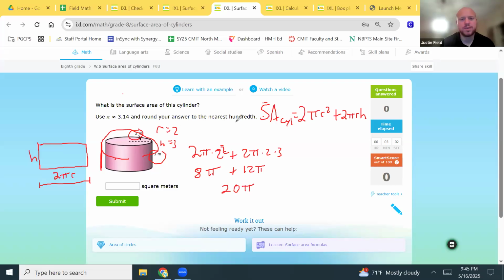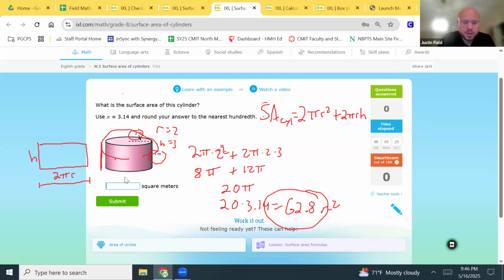And it says to round to the nearest hundredth. So now I'm going to do 20 times 3.14. And that is 62.8. 62.8 meters squared. Okay.